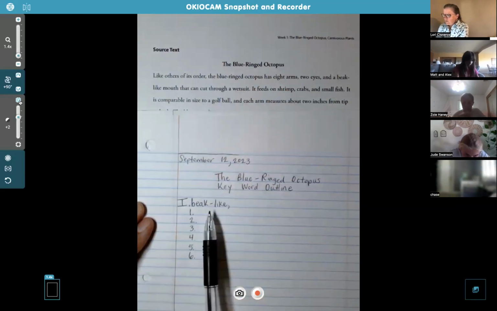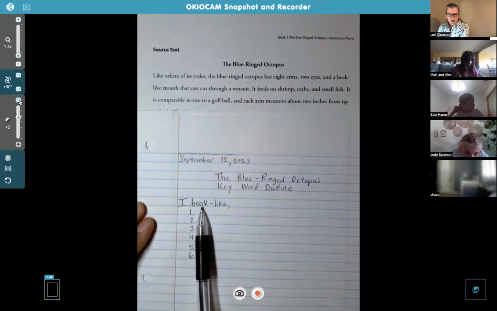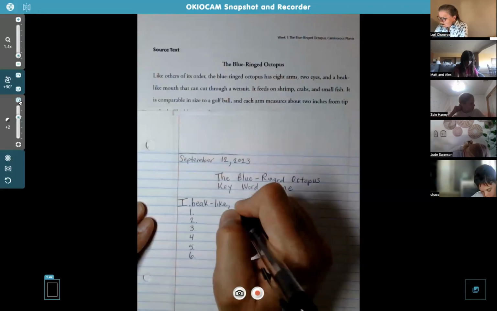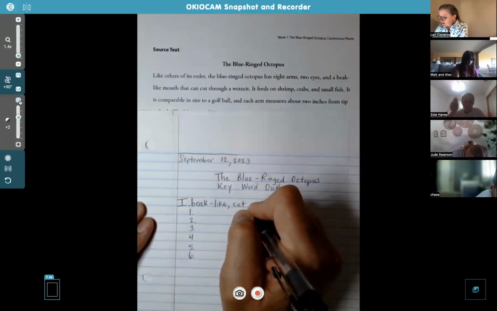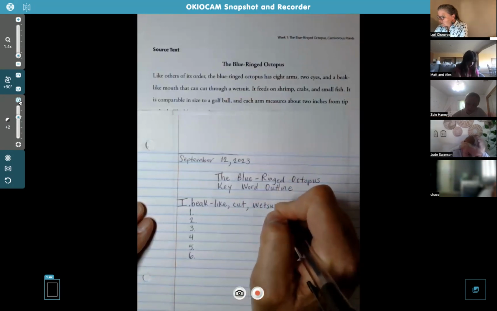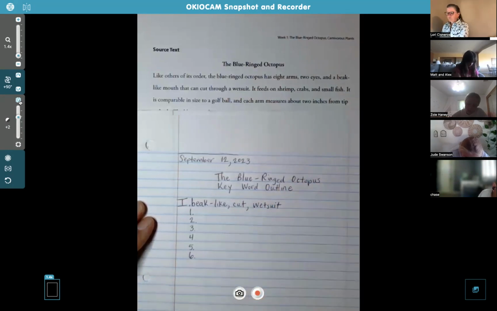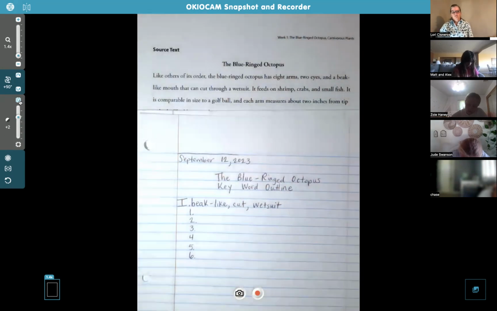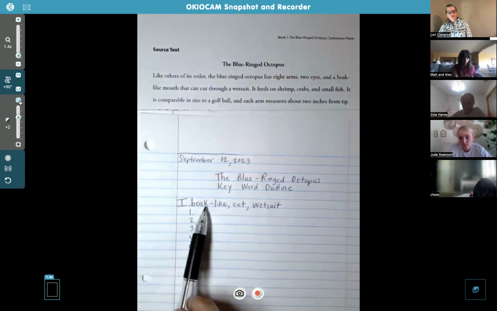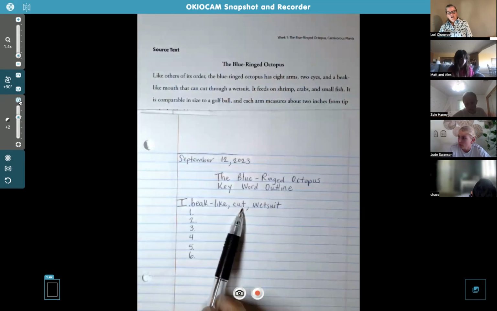Now I know it's a mouth because a beak is on the face, it's on the mouth, so I don't need the word mouth. So I'm going to put the word cut and then comma and then wetsuit. So I have next to the Roman numeral 1, beak-like, which is hyphenated, cut, wetsuit.